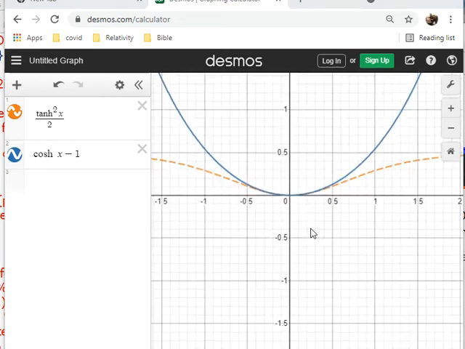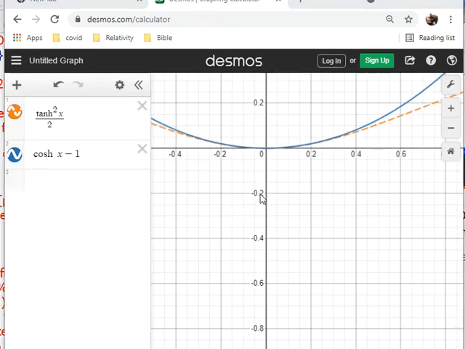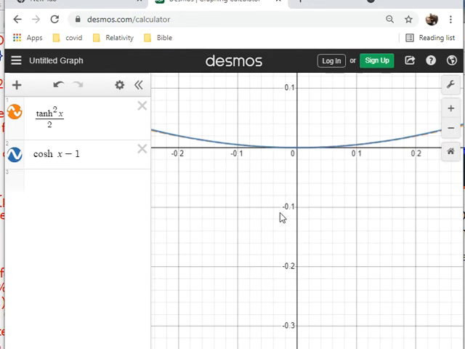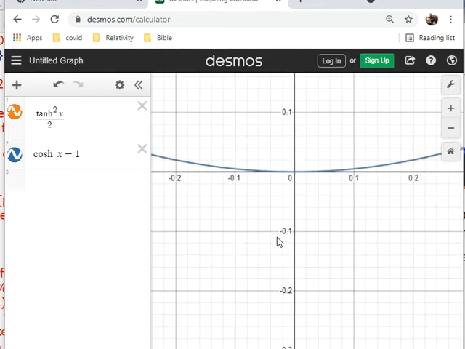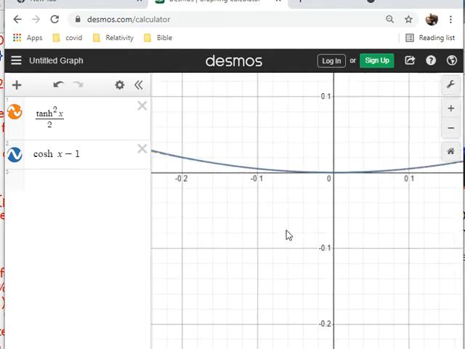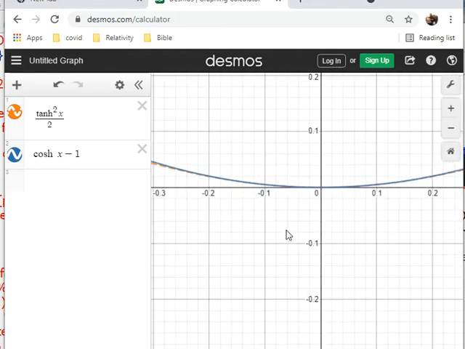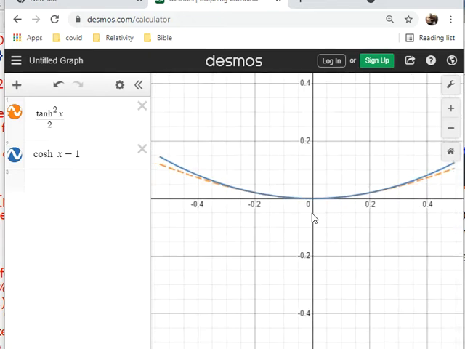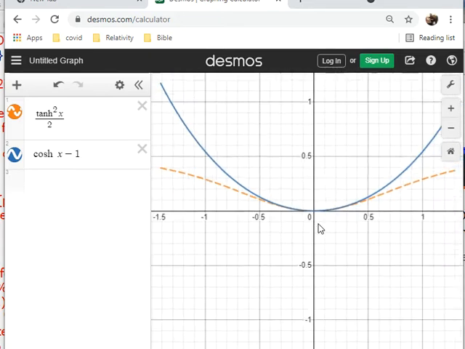If we begin zooming in on this, we see that the two curves are pretty close to identical for when x, or v over c, is less than about 0.2.